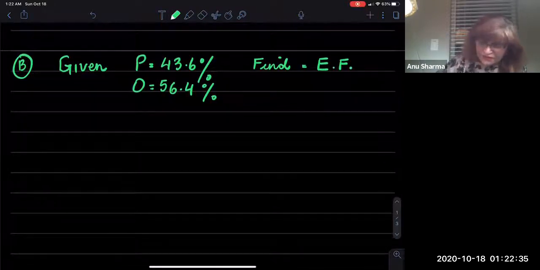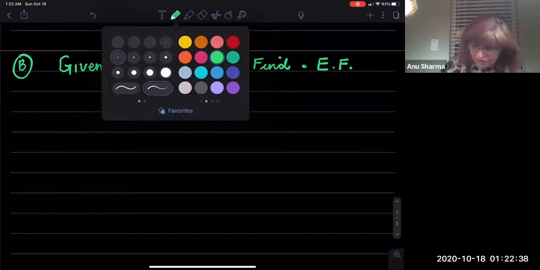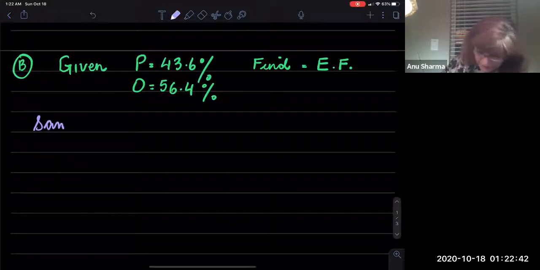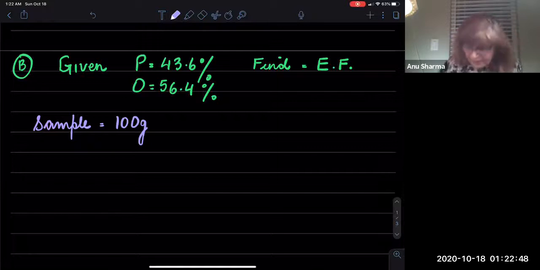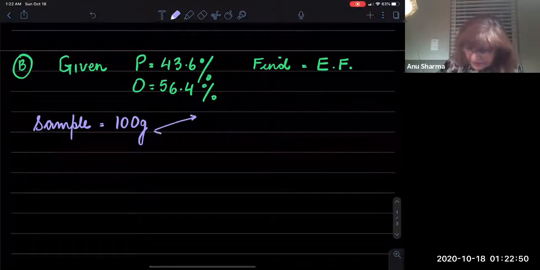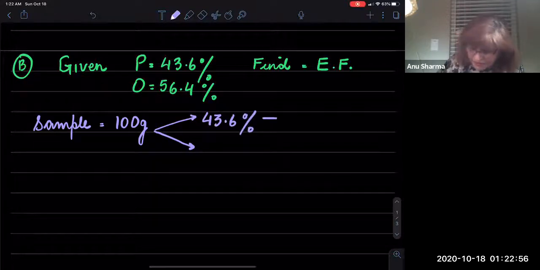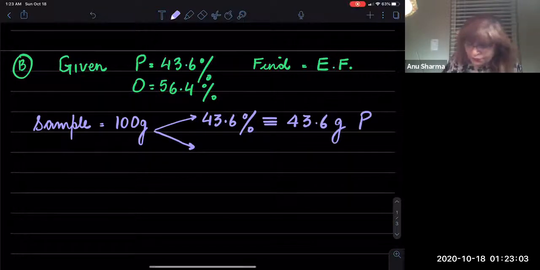So in this case, you're going to consider the sample to be 100 grams. That sample of 100 grams contains 43.6% phosphorus, which is equivalent to 43.6 grams of phosphorus.